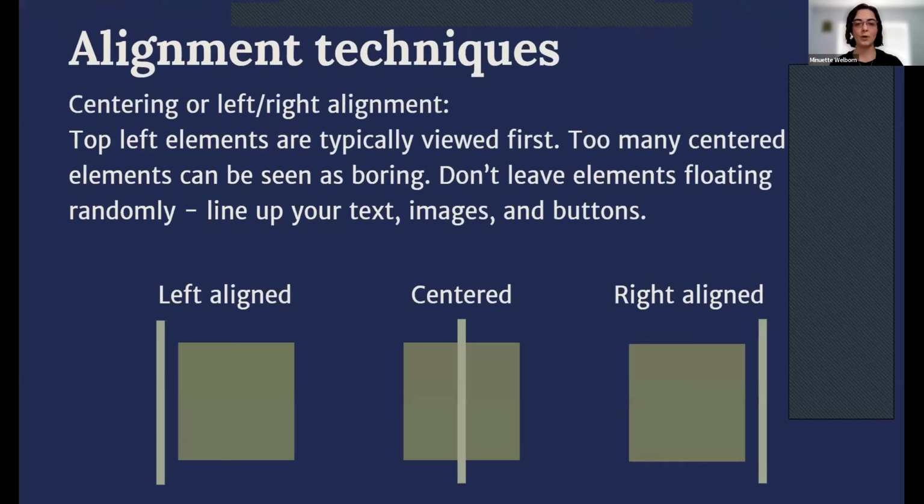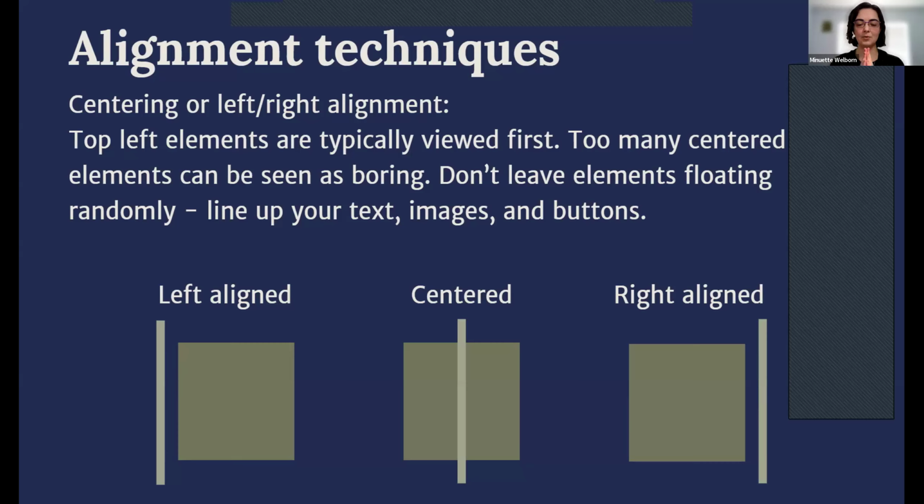Because we read in English from left to right, when you put an element, whether that's a photo, your logo, your call to action, if you put that on the top left, that is the best spot to get people to see it first. So if you have something really important or really eye-catching that you want people to notice, the top left is going to be a really good place for that. Top centered is also really good.